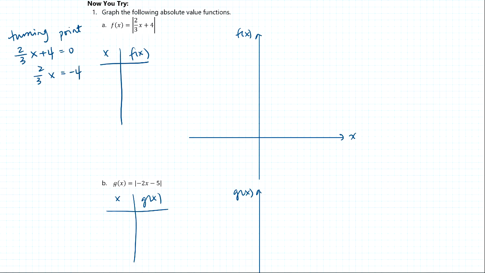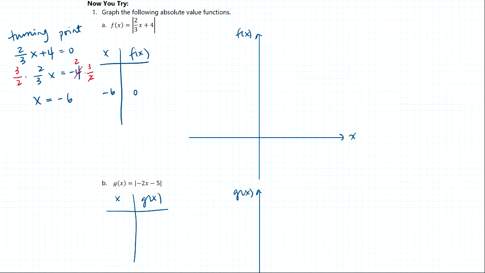To solve for x, I can multiply 3/2 on both sides of the equation. On the left, I just have x. On the right, I would have -6 because the 2's cancel out, so I get -2 times 3. And x equals -6 should be my key point, or the center point that I want to graph. I know at that point, f of x is equal to 0.